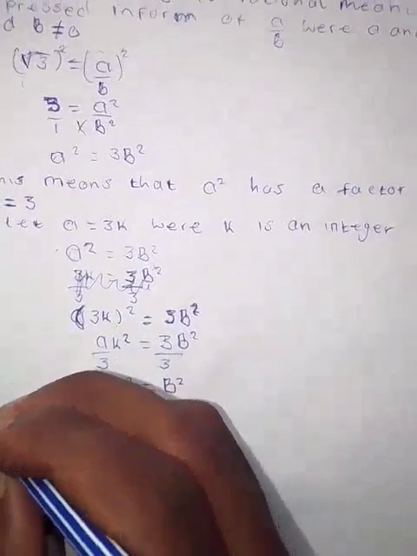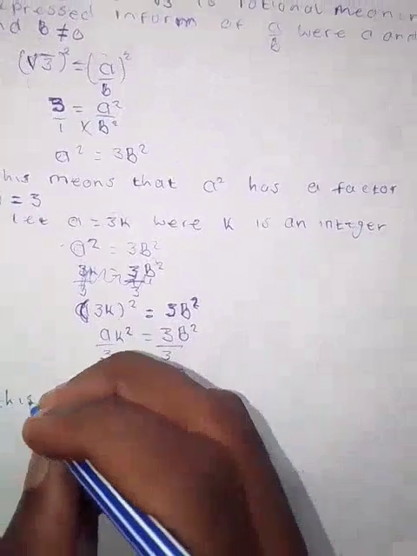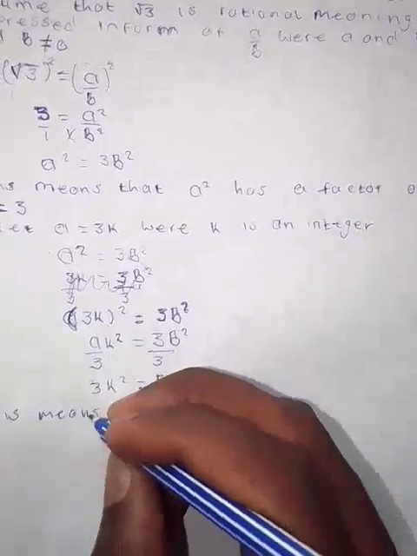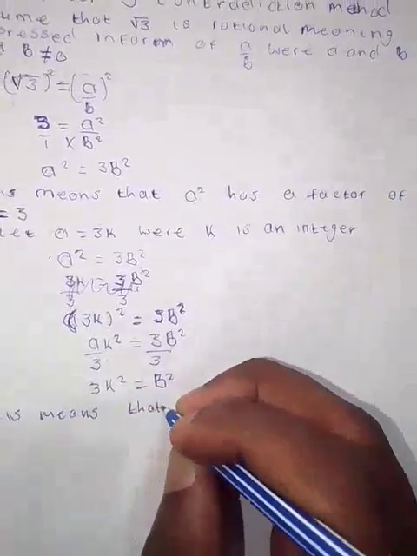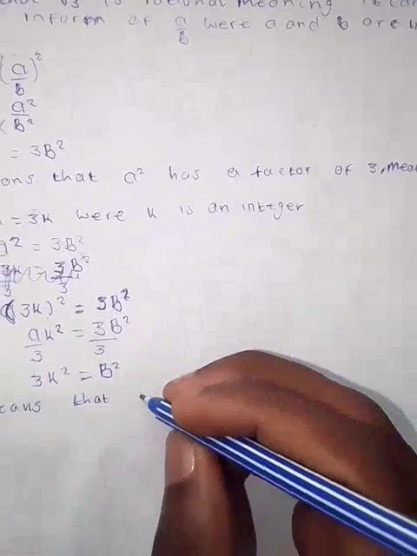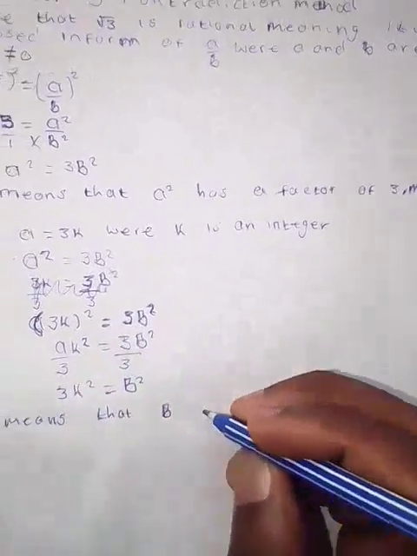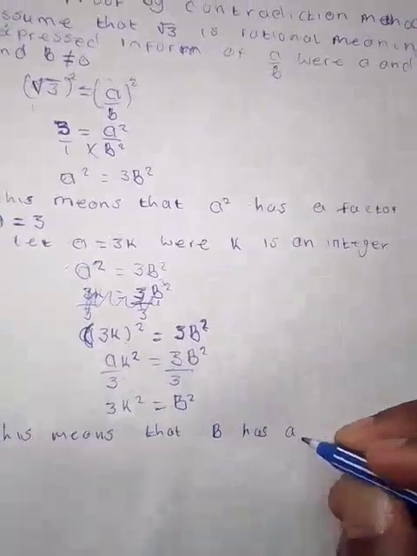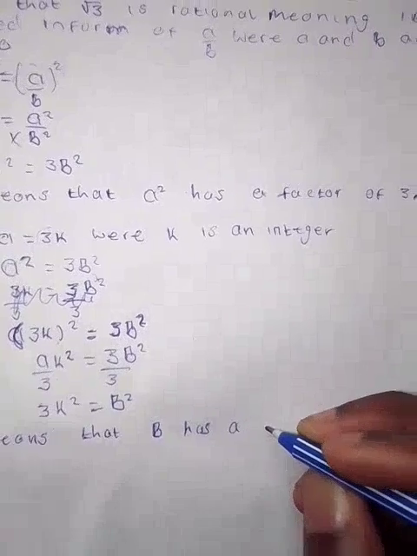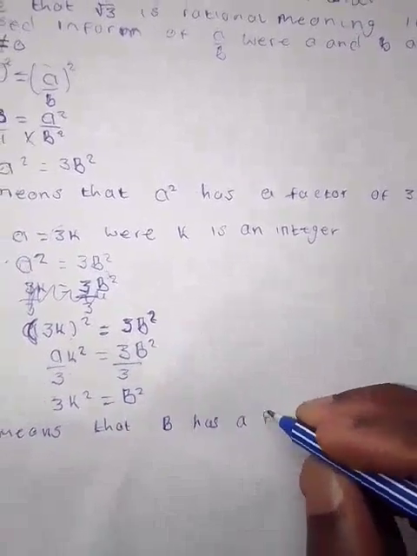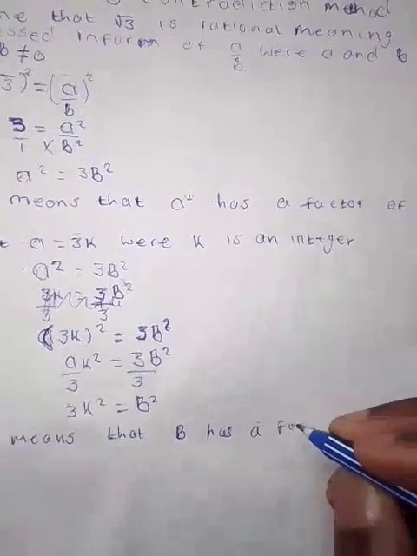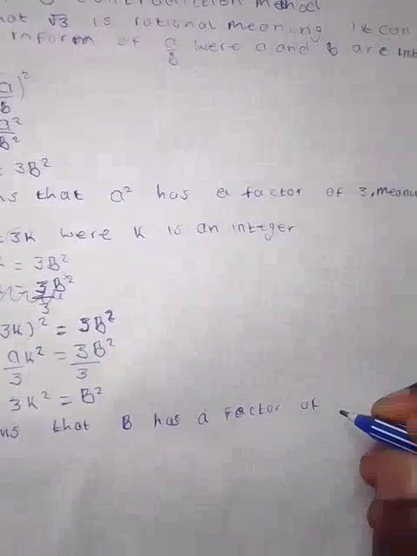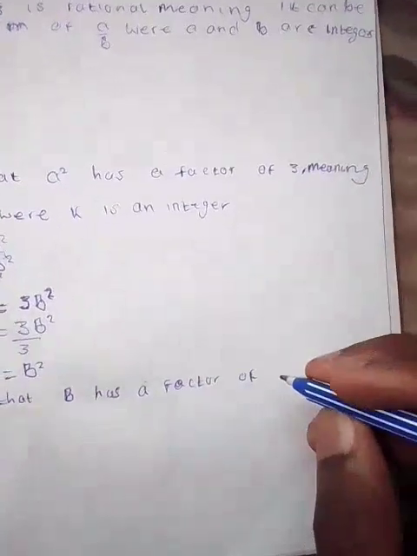By writing this, you're simply saying that this means that b has a factor of 3.